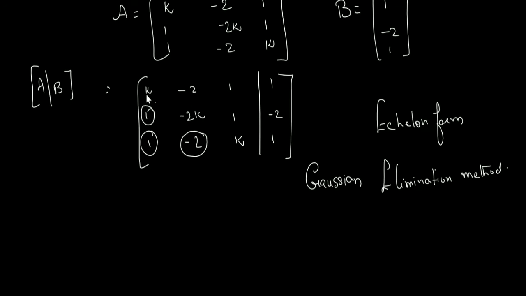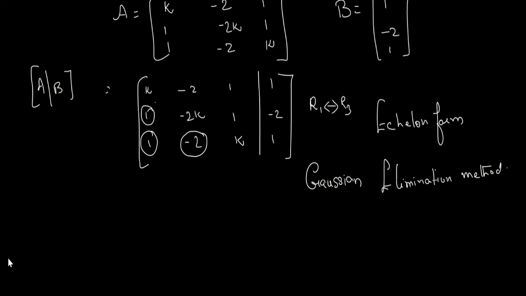We are going to bring 1 there. For that, we can interchange row 1 and row 2, or we can interchange row 1 and row 3. It is better to interchange row 1 and row 3, because you need 1 here, only then we can bring 0 here. So let us interchange row 1 and row 3.